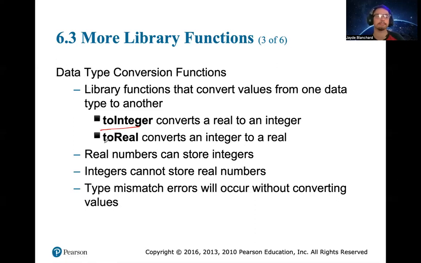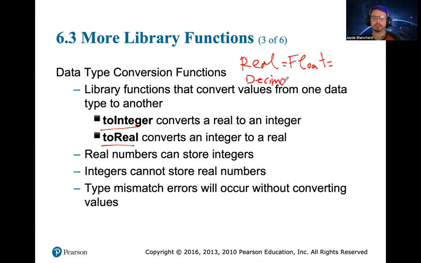There's a couple more, to integer and to real. Again, these library functions are provided in almost every single programming language. Real can also be called a float, or it can also be called decimal.